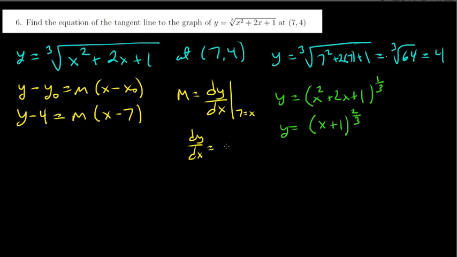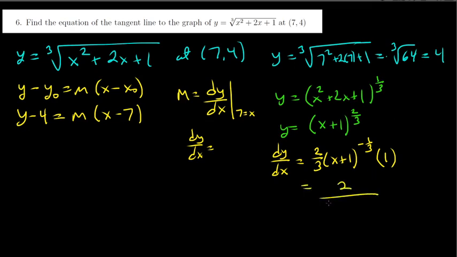So now to take the derivative, this is just 2/3 times (x plus 1) to the negative 1/3. And then by the chain rule, we multiply by the derivative of x plus 1, which is just 1, right? So, yep, this is just 2 over 3 times the cube root of x plus 1.